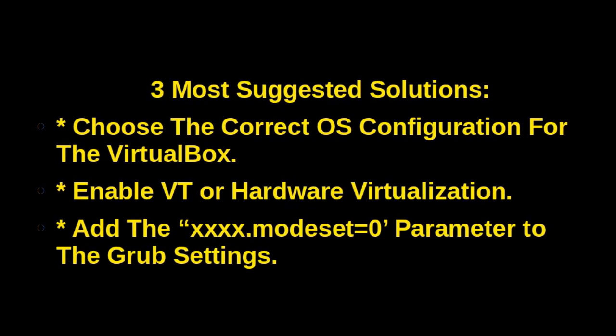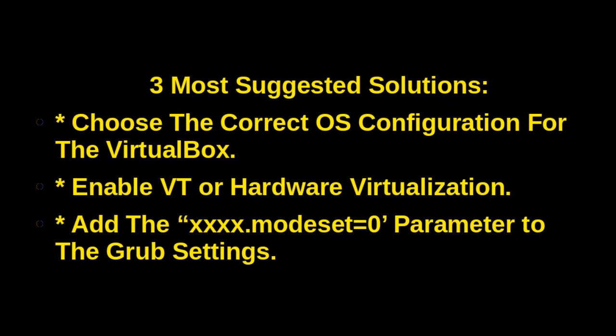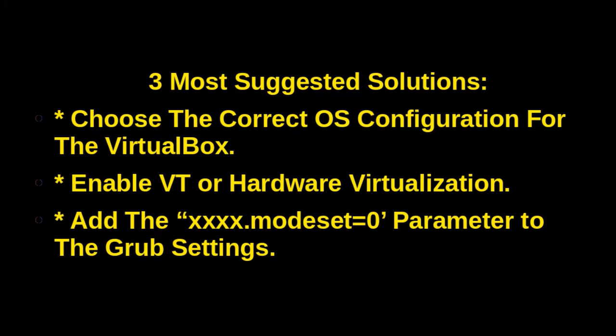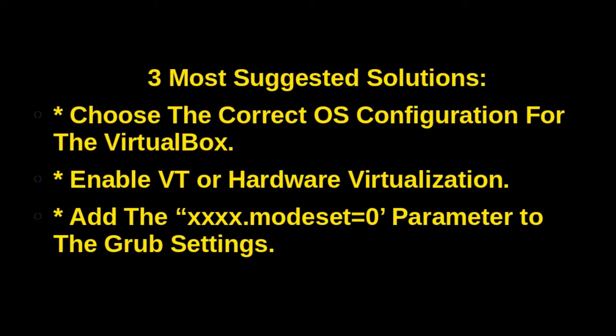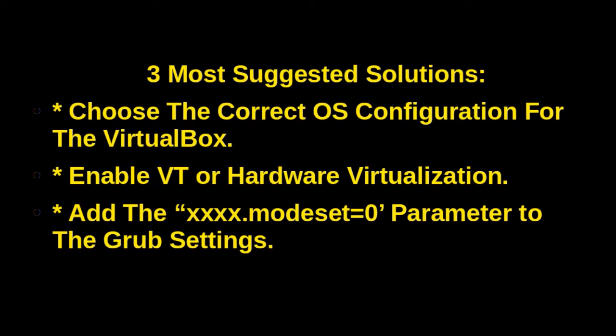So these were basically the three most suggested solutions that I came across. I visited different sites to see what the proposed solutions were, and these three kept popping up. The first one was to choose the correct OS configuration for the Virtualbox.